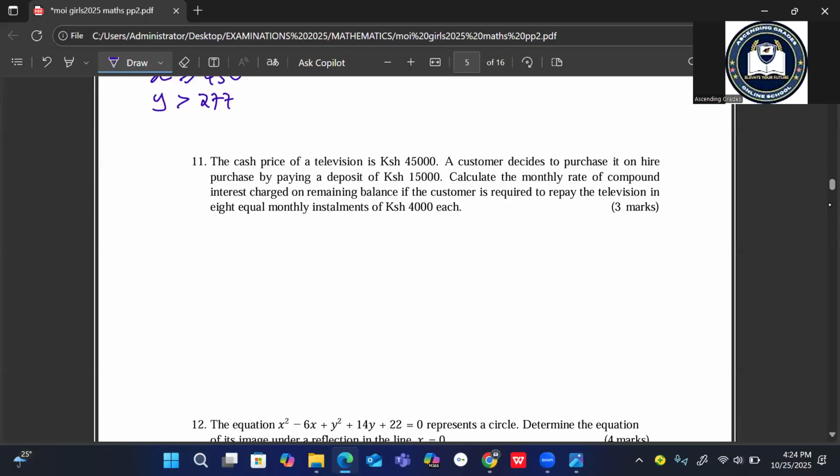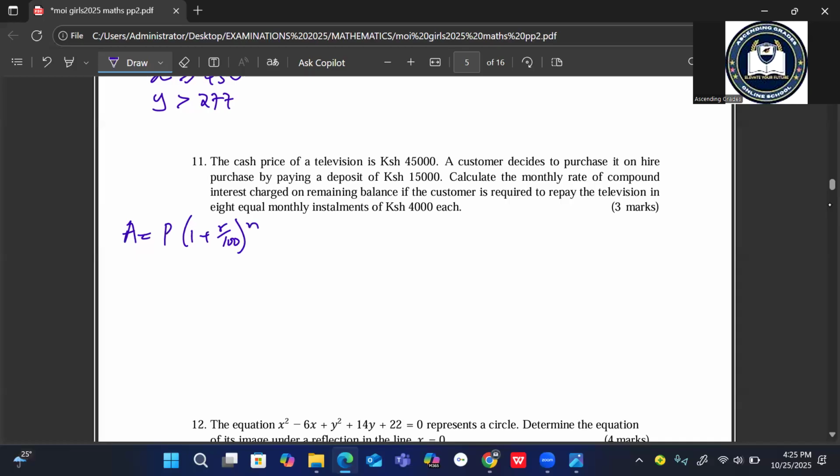We know the formula: amount is given by principal times 1 plus R over 100.